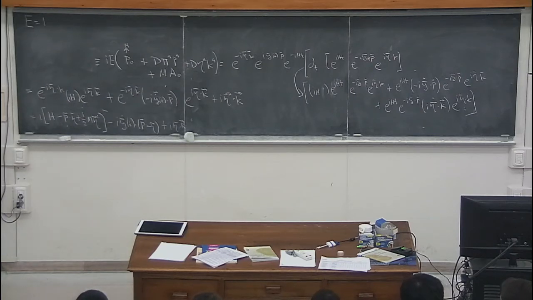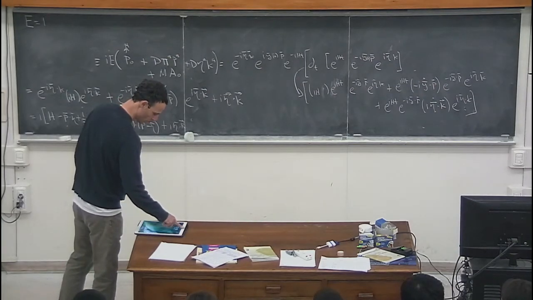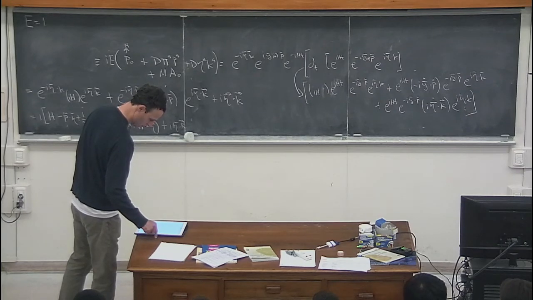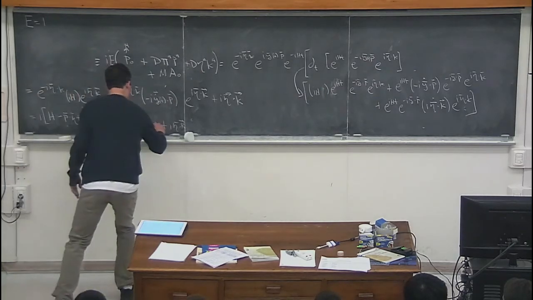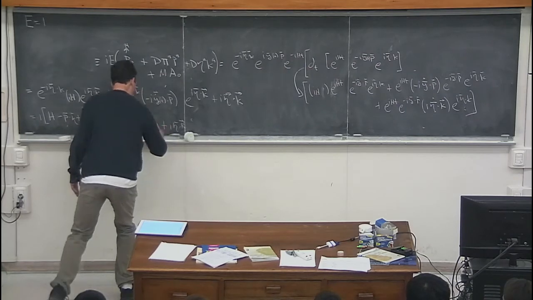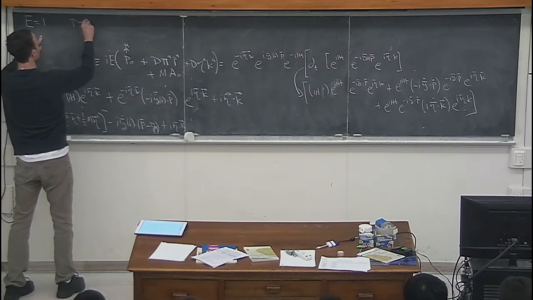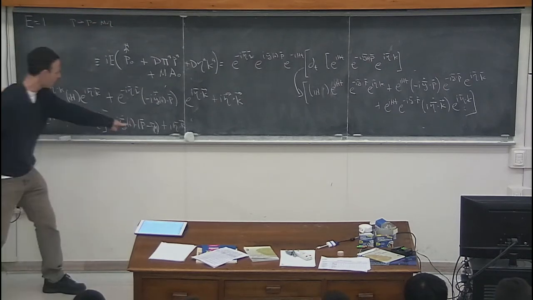So that's the coefficient of M. Oh, and I forgot an M here. I knew something was wrong. So P, remember, under a boost, P goes to P minus M eta. So there has to be an M there.